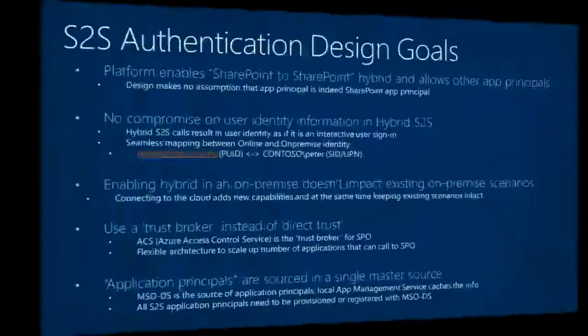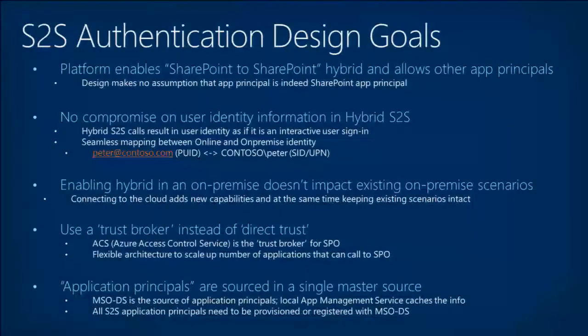Now, the design goal for the S2S platform is that it enables SharePoint to SharePoint, and it models that as an app. So when SharePoint Online calls SharePoint on-premises, SharePoint Online actually appears as an app to SharePoint on-premises, and any caller has to have what we call an app principal.